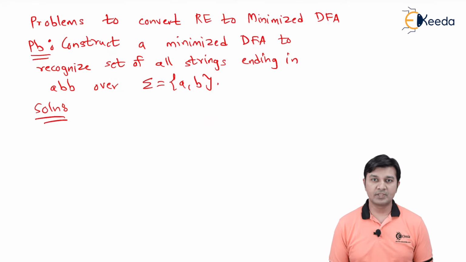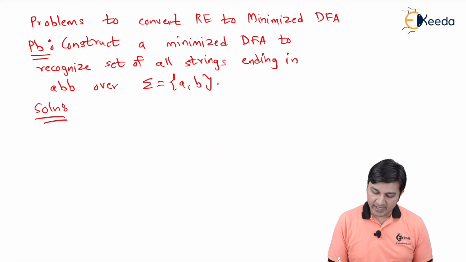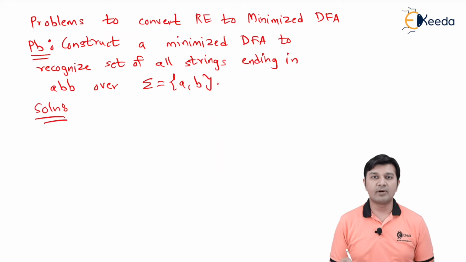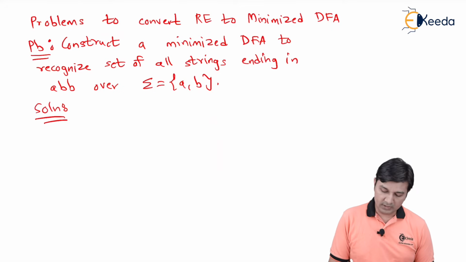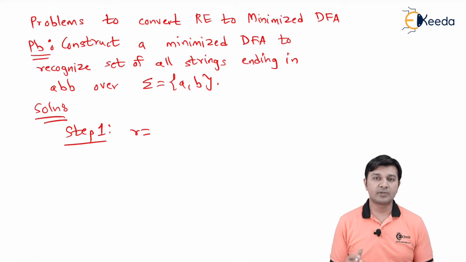The problem given to us is: construct a minimized DFA to recognize the set of all strings ending in ABB over the alphabet {A, B}. Step number 1 is the regular expression. What will be the regular expression for the set of all strings ending in ABB?